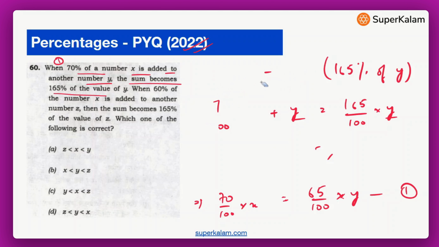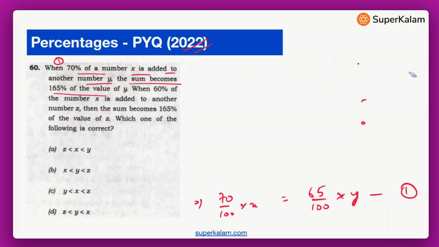Statement 2 says that when 60% of x is added to another number, say z, the sum becomes 165% of the value of z.